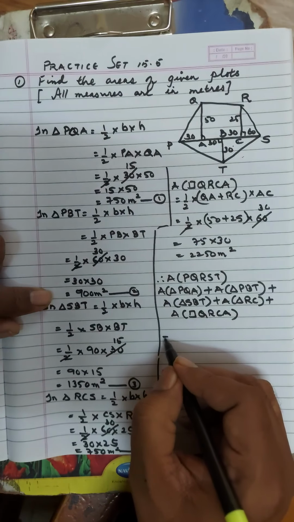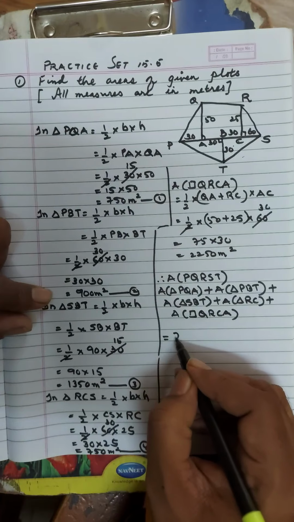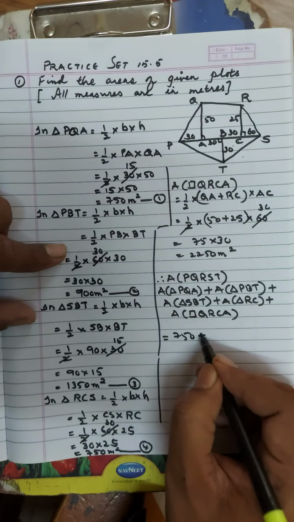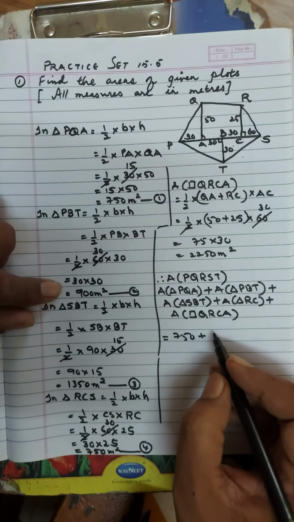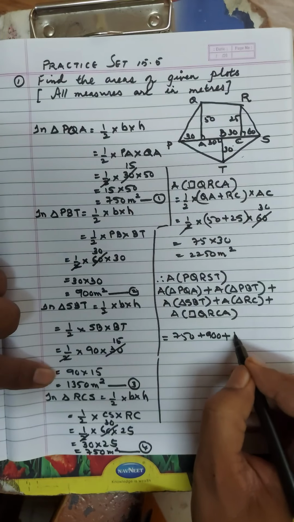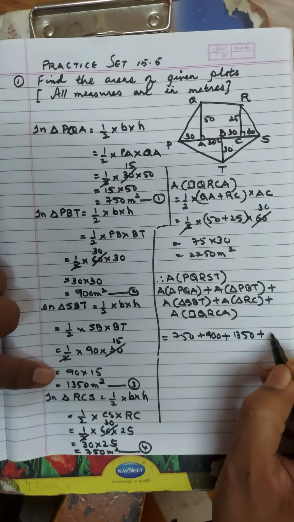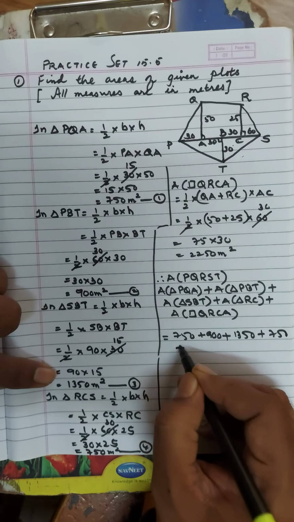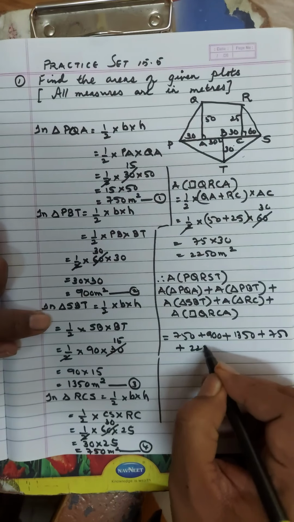So we add all these values. 750, equation number 1; equation number 2, 900; this is 1350; this is 750; and the last value we got is 2250.